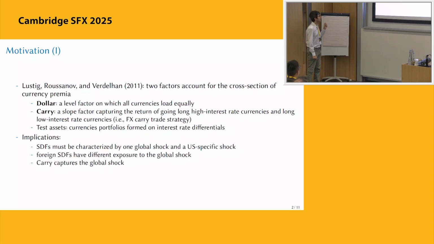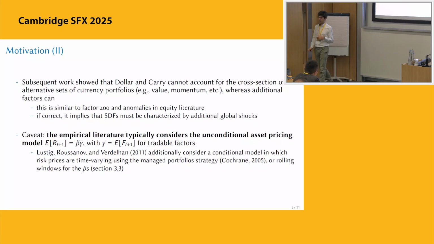In their work, the test assets are currency portfolios formed on interest rate differentials. Okay? What are the implications of this important work? Well, the SDF of the investors must be characterized by one global shock and then a US-specific shock. Foreign investors' SDF differ simply in their exposure to this global shock, and carry captures indeed this global shock.